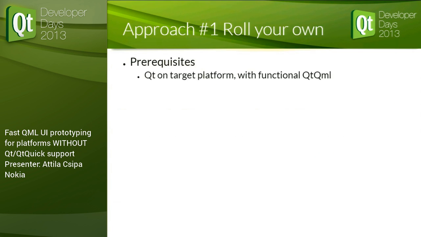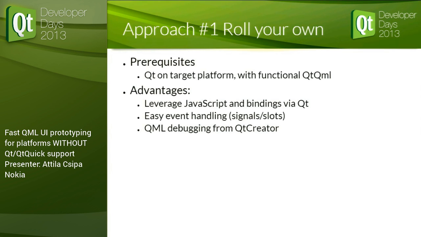So what do we need for this? We need, of course, Qt on the target platform and the functional QtQml module and all its dependencies. These are the cases where we are, for example, working on a Linux computer. It doesn't have, let's say, OpenGLES, but we do have Qt on it, so that's pretty okay.